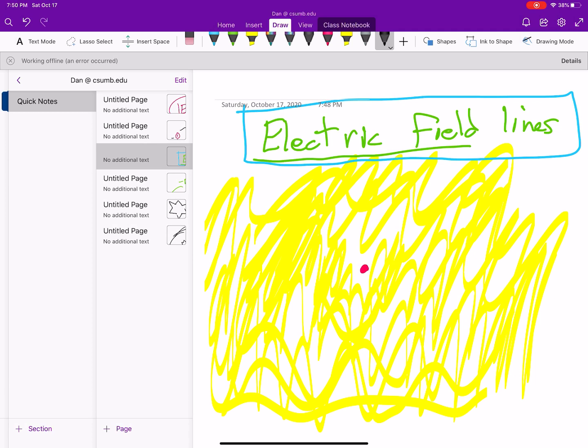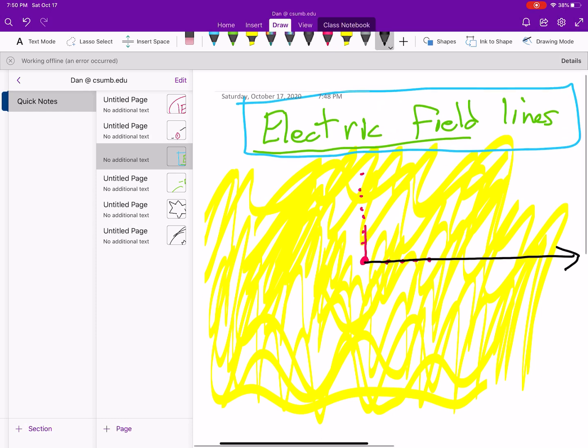And then I connect all those lines. So think about it this way. Right here, if I put a positive charge, I'll draw it red, here, or here, or here, at any of those points, that positive charge would experience a force that's directed that way. Similarly, at any point here, a positive test charge would experience a force that's directed that way.